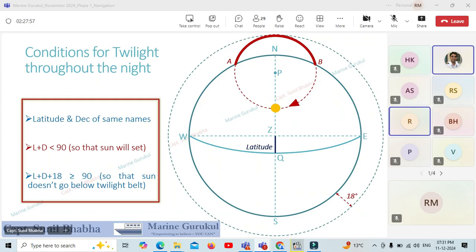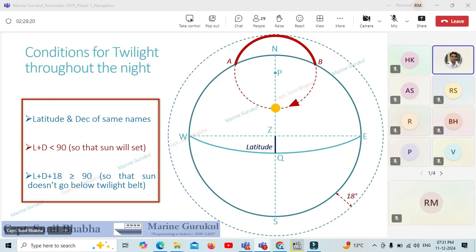Right? So you can have a logical explanation in that way. No need to show it in the diagram. You can show it here, but that will unnecessarily make it complicated. Okay.